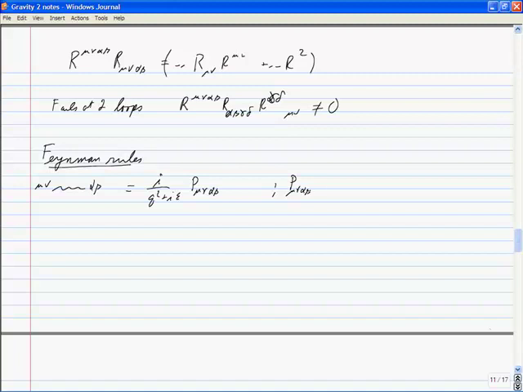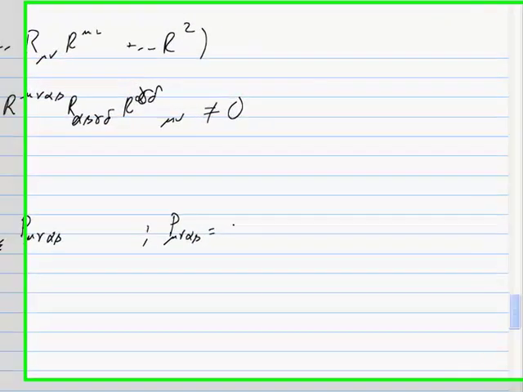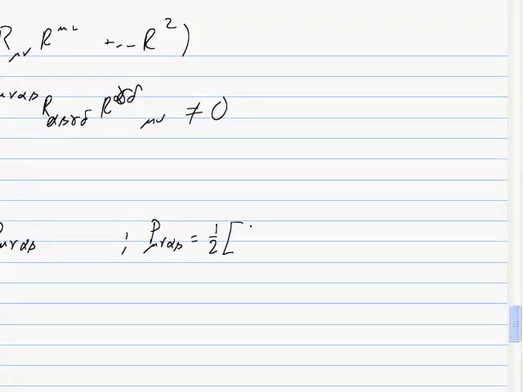P mu nu alpha beta is 1/2, around flat space, eta mu alpha eta nu beta plus eta mu beta eta nu alpha minus eta mu nu eta alpha beta.